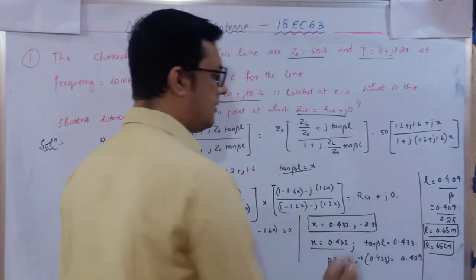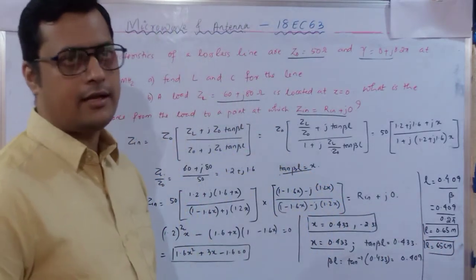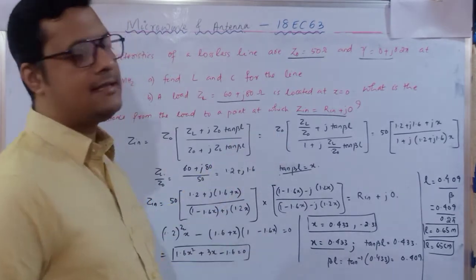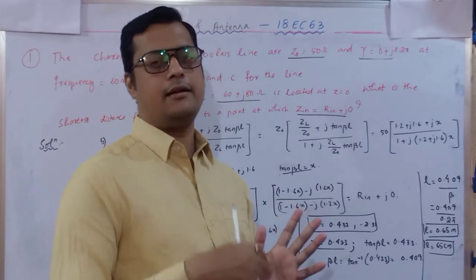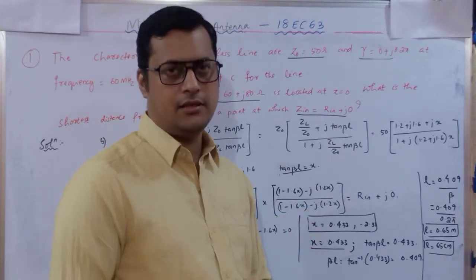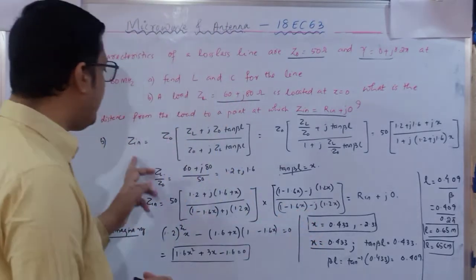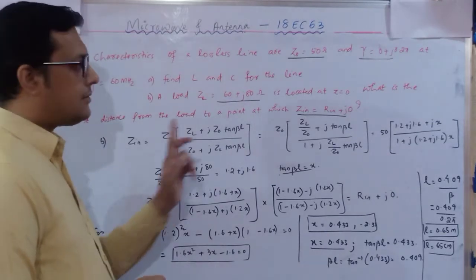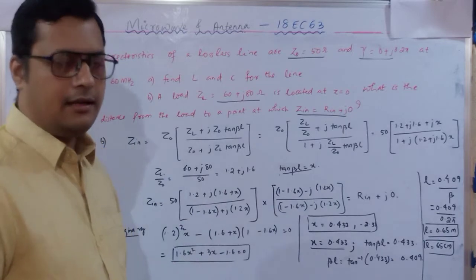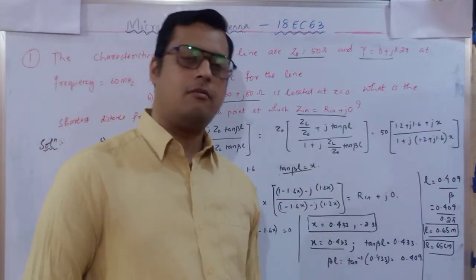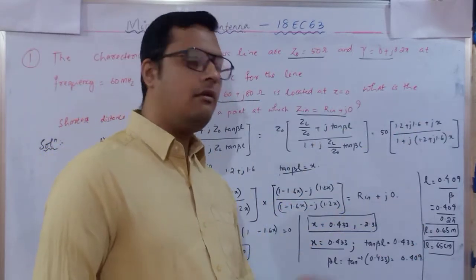Done. So like this you have to answer your question, because here it is indirectly given that the input impedance will have a positive real part and the imaginary term is 0. So you have to calculate the input impedance, substitute the value, calculate this tan beta L, take this beta L as a component, and L we have to identify.